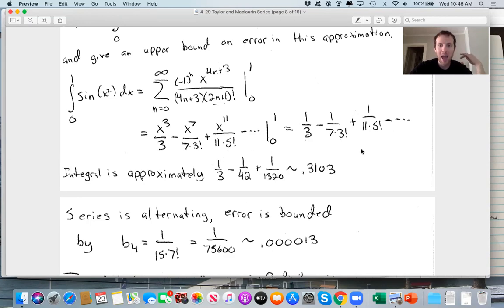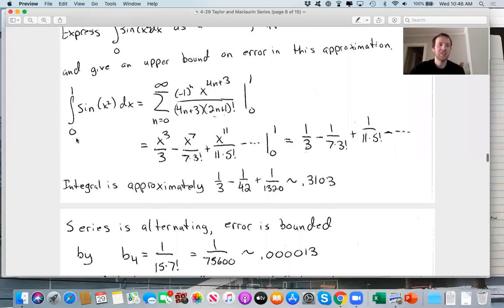If we look at the pattern here, this number keeps increasing by 4. So from 11, we get to 15. The factorials increase by 2. So 5 factorial becomes 7 factorial. If you multiply that together, that's over 75,000 in the denominator, which as a decimal is 0.000013.